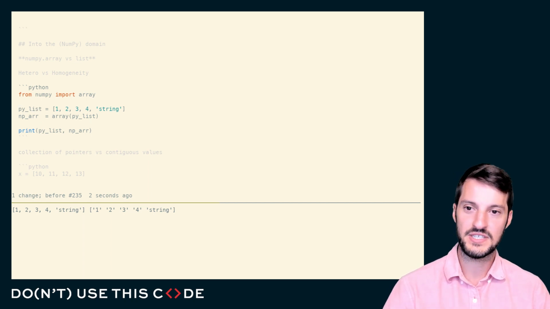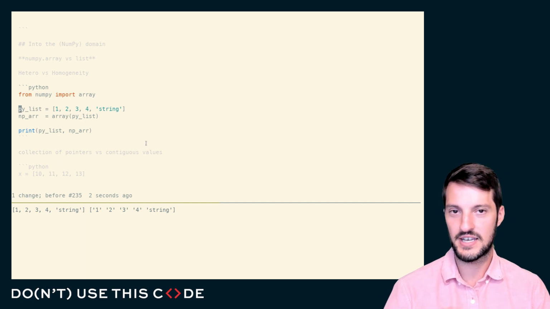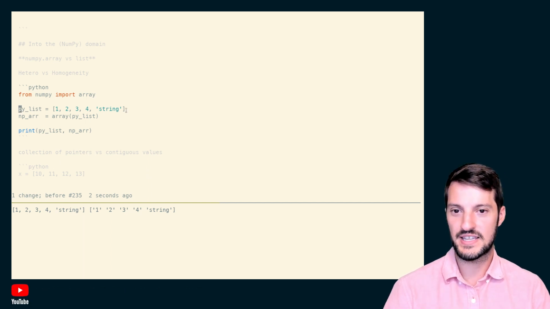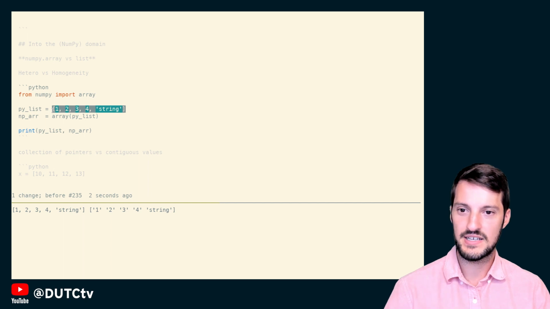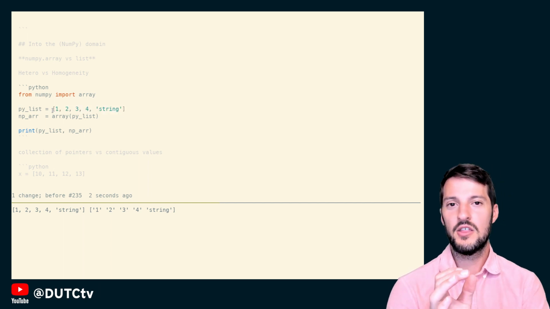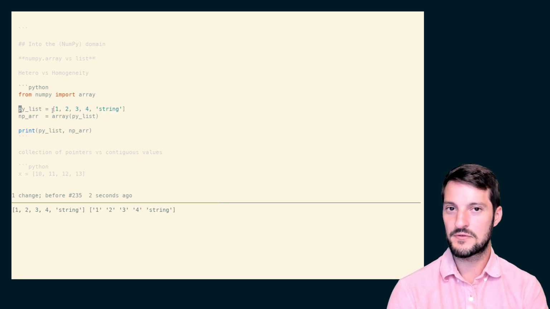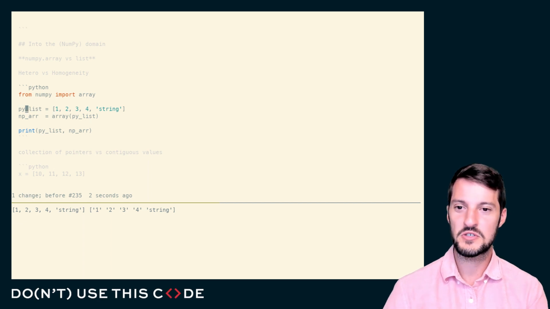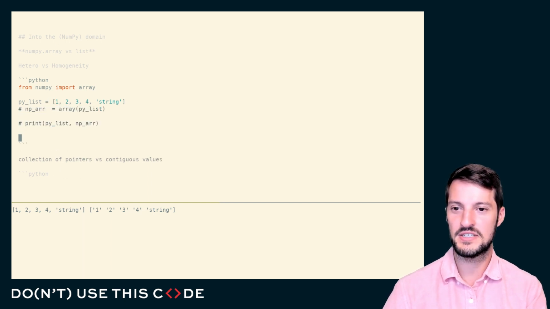Now, I will say that it is loosely heterogeneous. And the reason I say that is because the Python list can store different data types, but is it the most useful thing? Would I ever actually create a list like this in my program? Probably not, because the most common thing that you're going to do with a Python list is iterate over it.